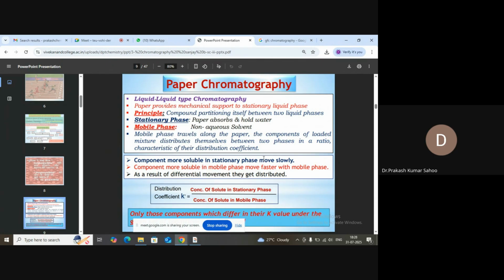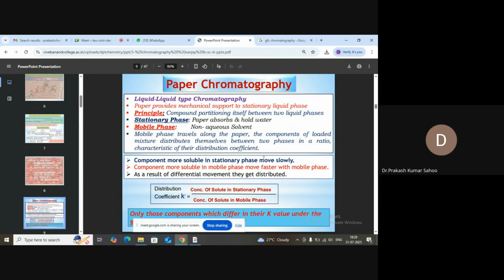So this is the interaction of different components with two different phases. If the component is more interacted or more soluble in the stationary phase, then it will move slowly. If it moves slowly, then separation will be delayed. The component which is more soluble in the stationary phase will move slowly and be separated at the end.